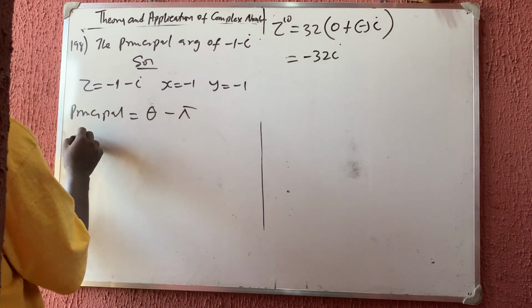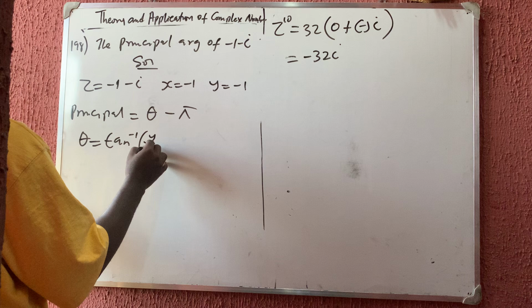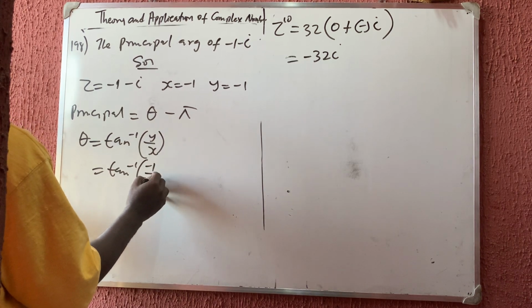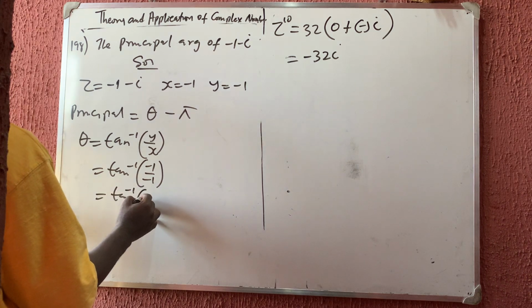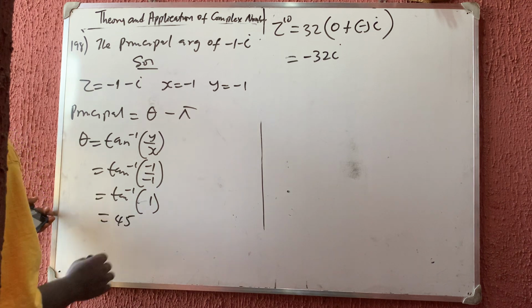So let's do that. To get the normal argument, theta is equal to the tan inverse of y over x, which is the tan inverse of minus 1 over minus 1, which is the tan inverse of 1, which is equal to 45 degrees.